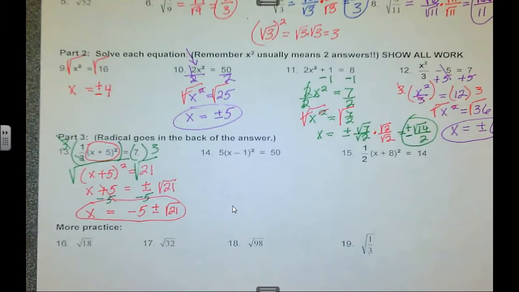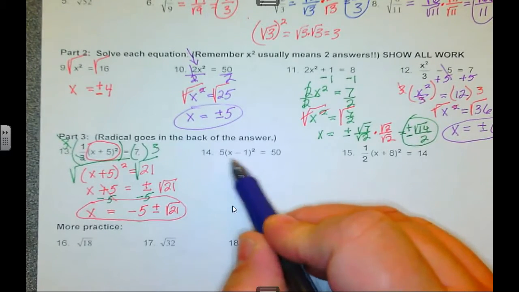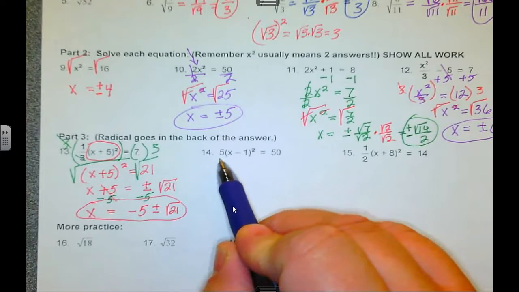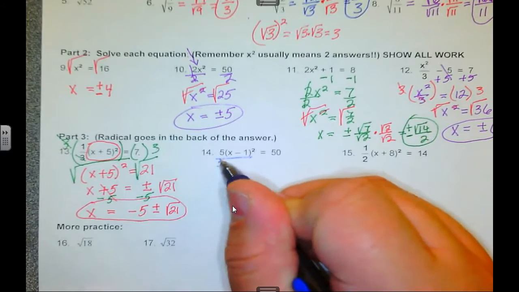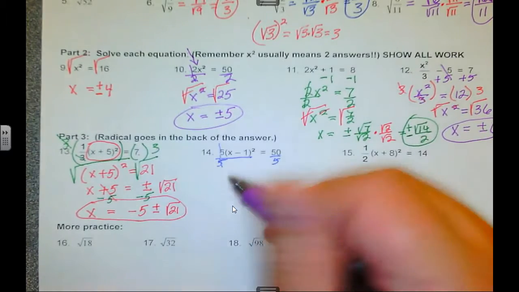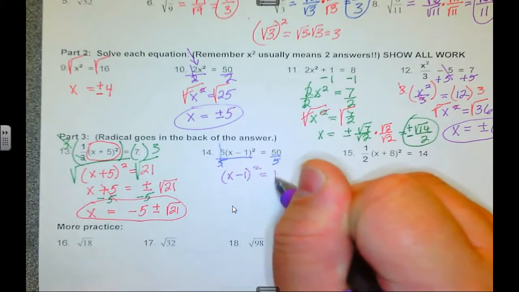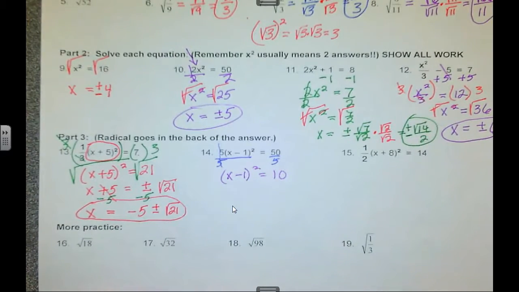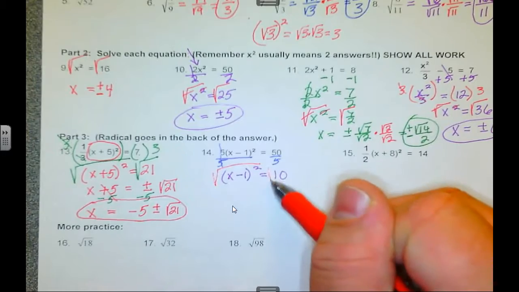Are you ready? The quantity x minus 1 squared is being multiplied by 5, so I'm going to undo it by dividing by 5 on both sides. The 5's cancel. I get x minus 1 squared equals 10. I'm going to square root both sides to get rid of the power of 2.